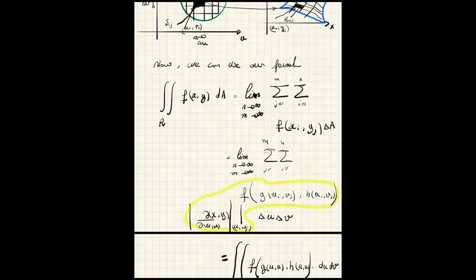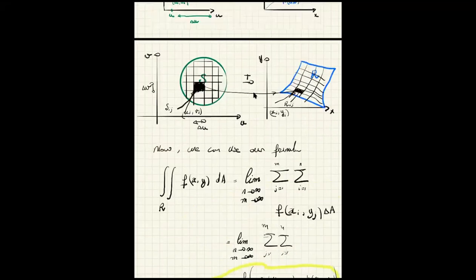So that's why the book uses these lines, you see how messy it is, right? This is the absolute value of this thing. Absolute value.